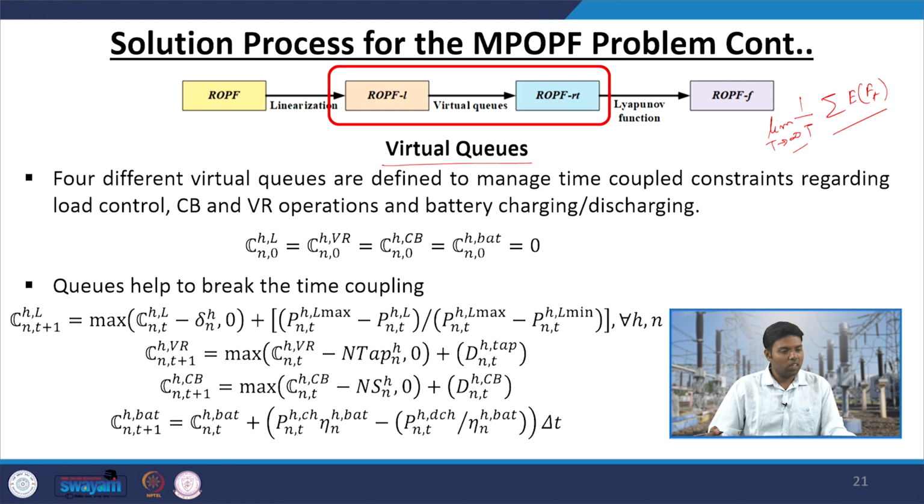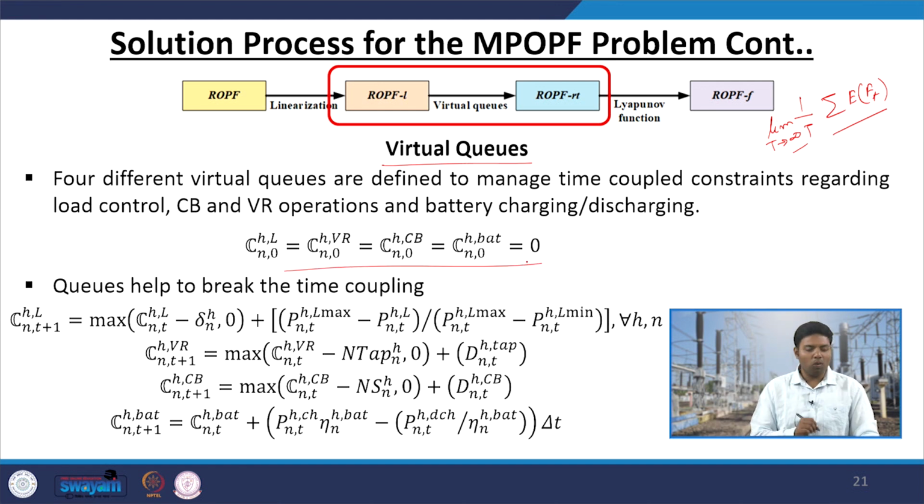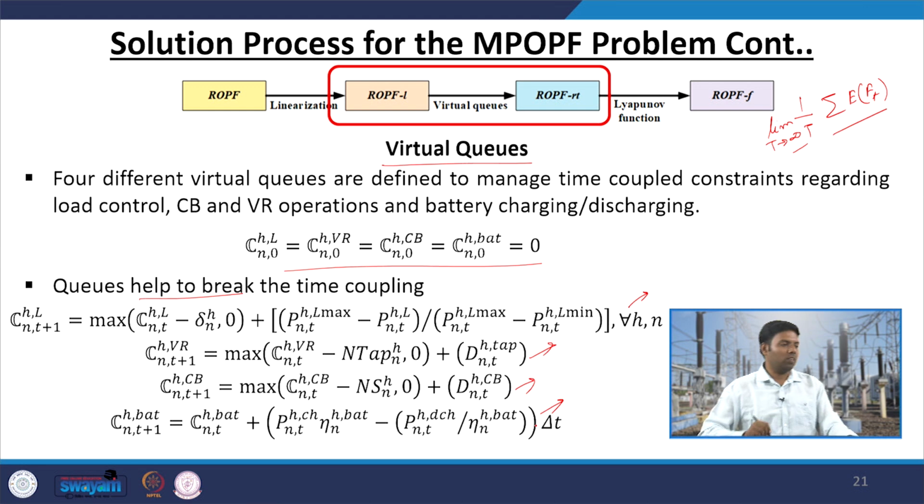What is this virtual queue? This virtual queue says it starts with a value 0, and each and every operation will enhance the length of it. That means, if you see the 4 queues that have been defined, one is for load shedding, one is for tappings, one is for switching of the capacitor bank, and one is for battery operation.